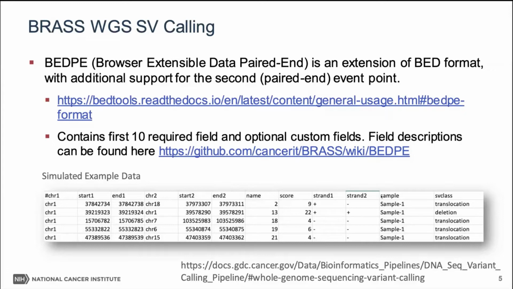They provide very important color information, annotation information, or even categorization of different structural variants in this file. And if you are really interested in how to use this data format, you can go to this link. This is a direct link to the Cancer Genome Project center, and they have more detailed instructions on how to read this particular BEDPE format file for BRASS.